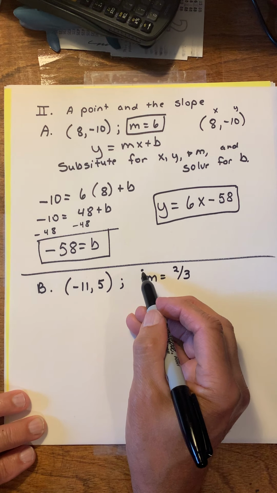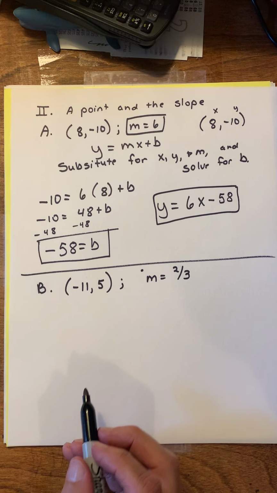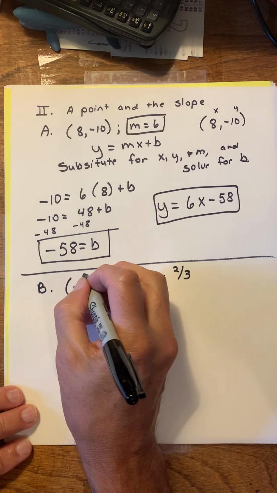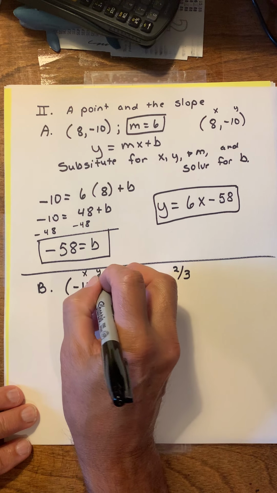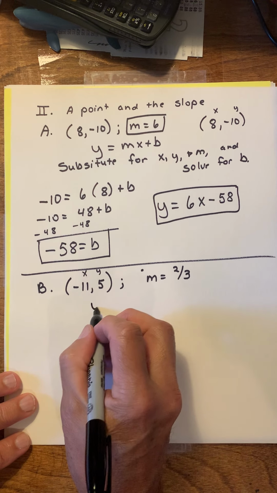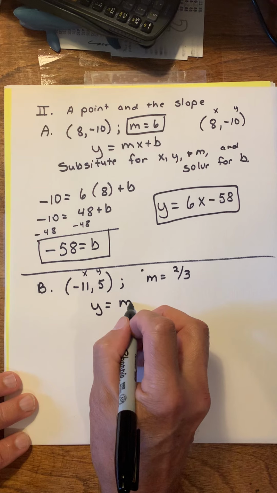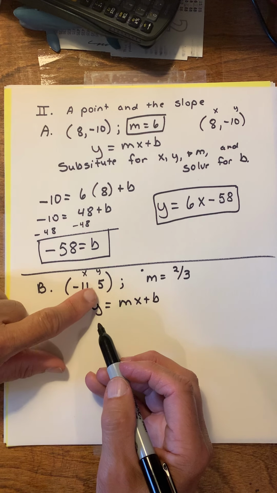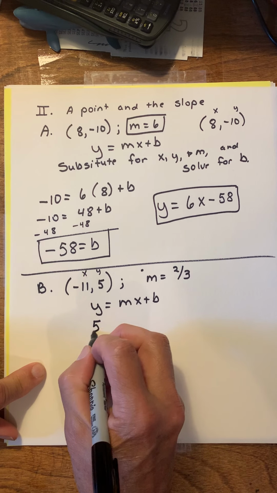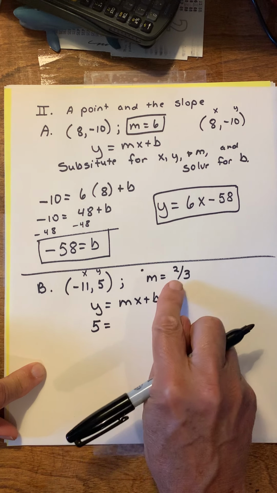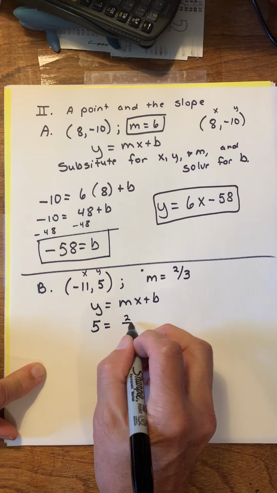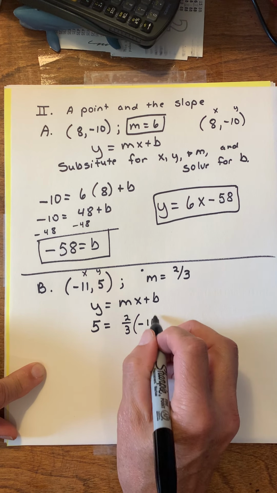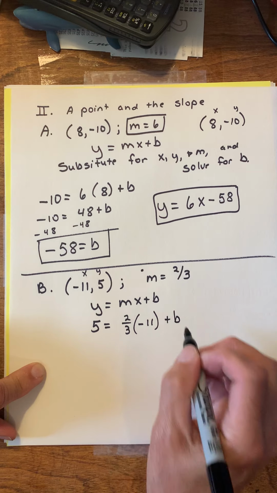All right, I got a point, I got a slope. With my point, I realize I have an x and a y. So I'm going to fill into y equals mx plus b. There's my y. Make sure you keep these straight. Slope 2/3. x is -11, plus b.